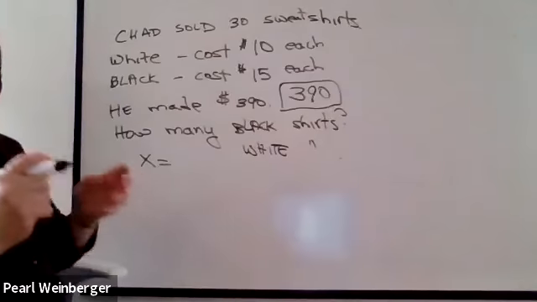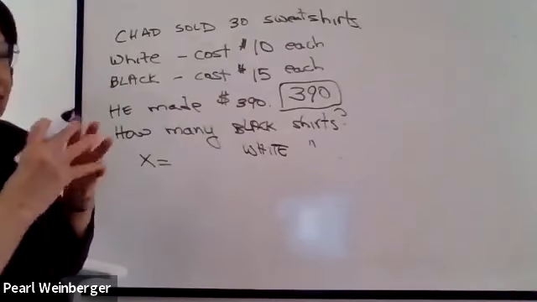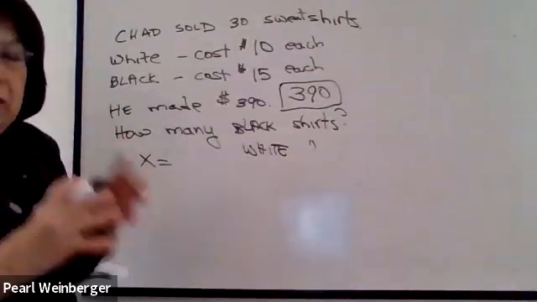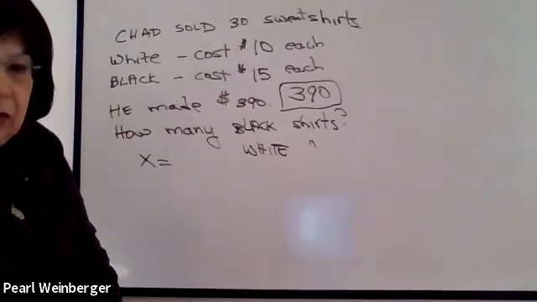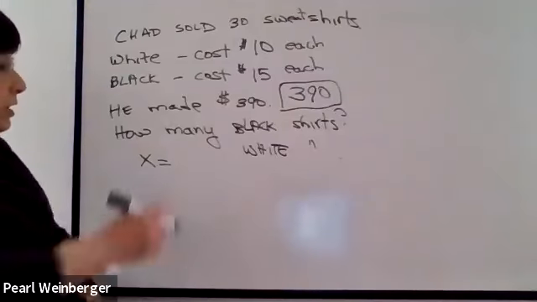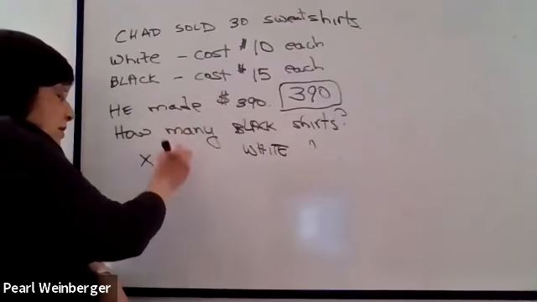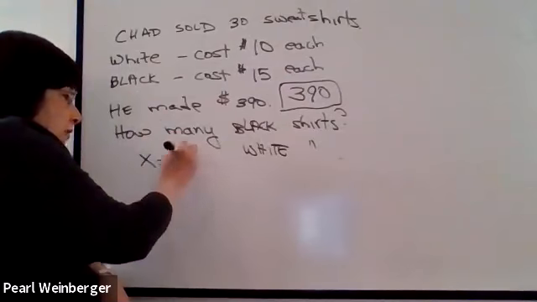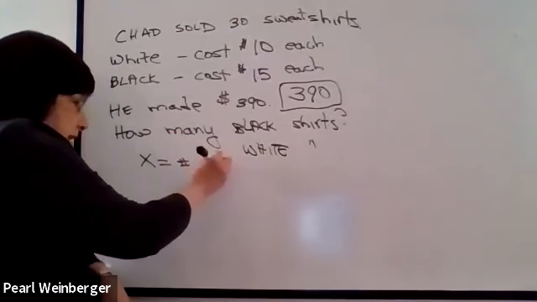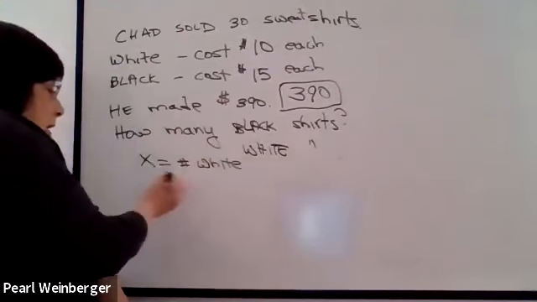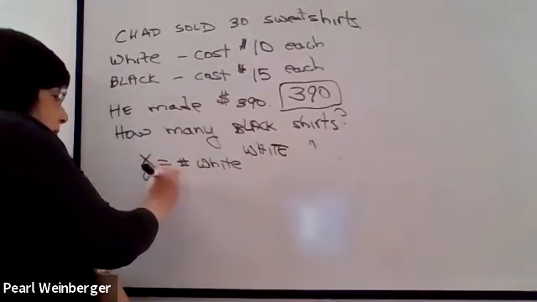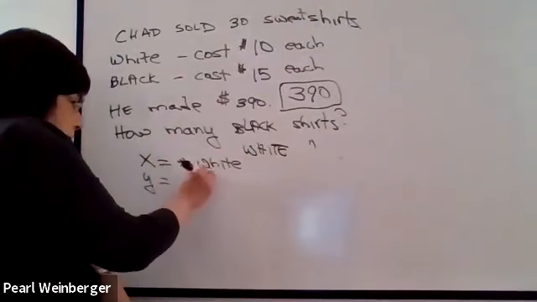If you notice, I'm trying to be very specific, because once you know exactly what your variable stands for, it's much easier to write the equation. The X is the number of white shirts. That's what he's calling X. And the Y is the number of black sweatshirts.